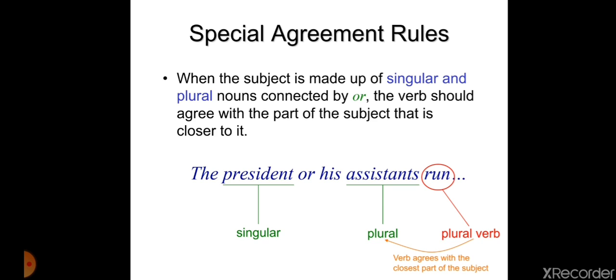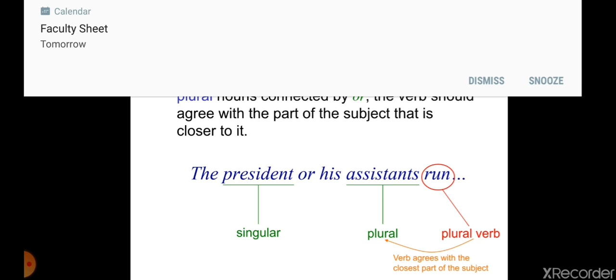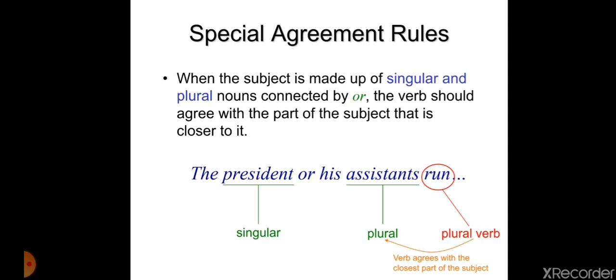The president or his assistants. See, the possibility of writing the right verb is different. Two options are there. The president runs or his assistants run. But actually, two different subjects with two different numbers, that is singular and plural, are connected by "or".